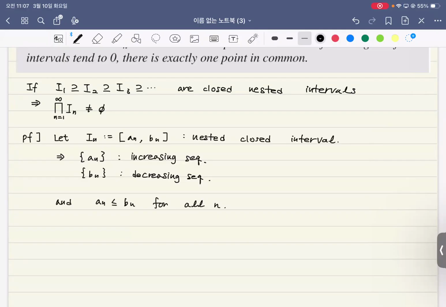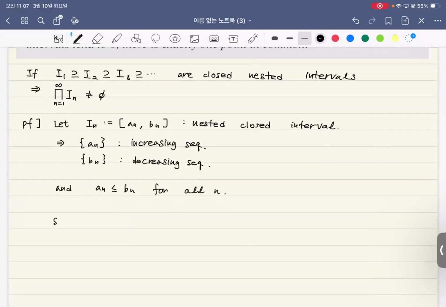Those two are both monotone and bounded. Therefore, because of the monotone convergence theorem, you have two real numbers such that An converges to A and Bn converges to B. So these two are converging sequences.